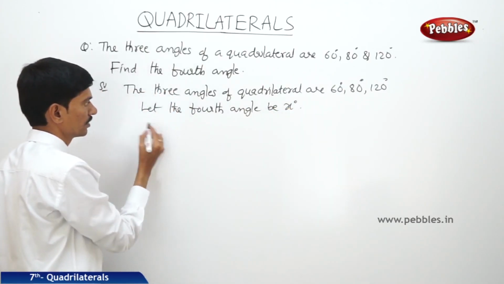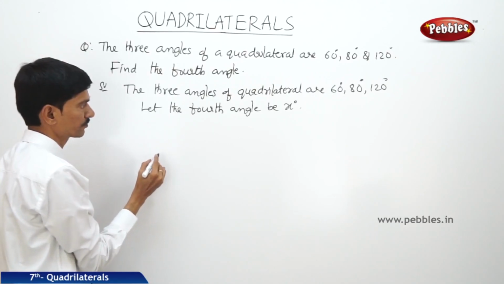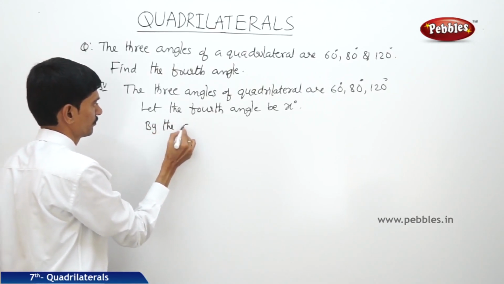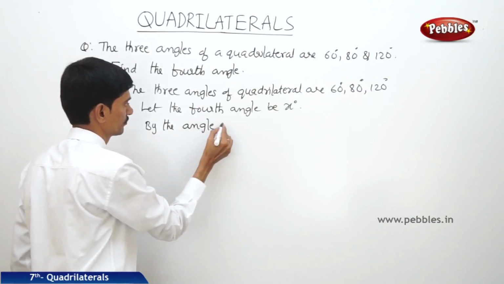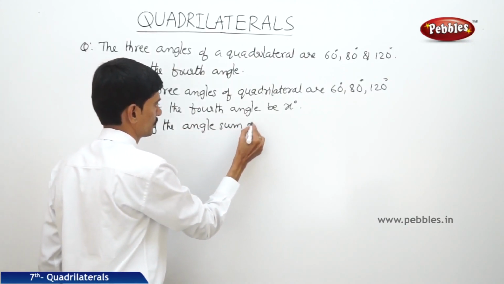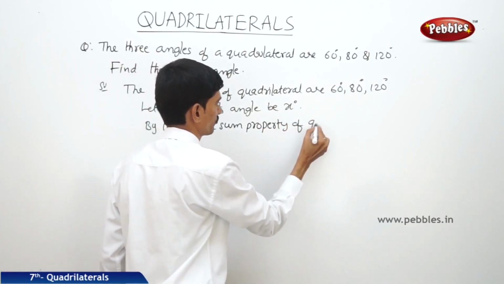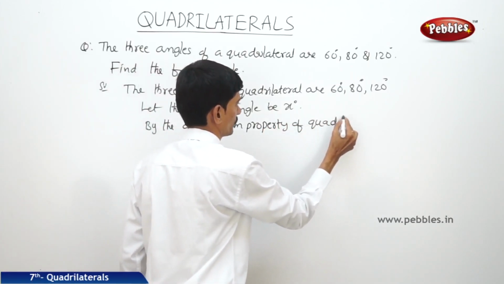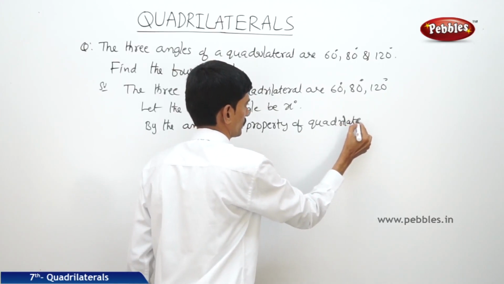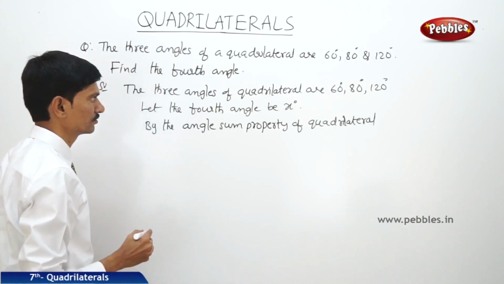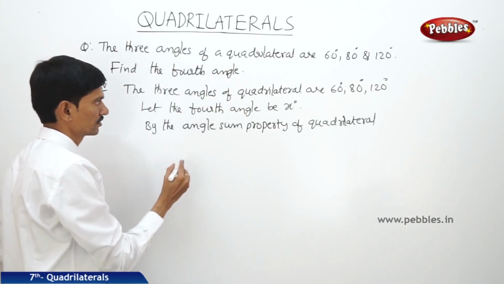By the angle sum property of a quadrilateral, the sum of the four angles is equal to 360 degrees.